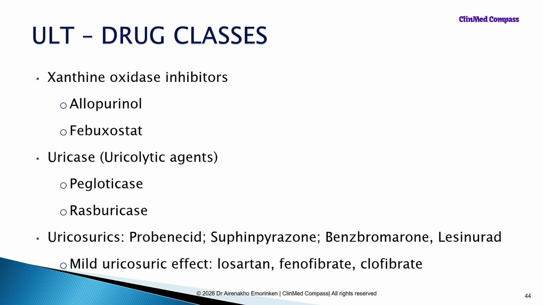Third are the uricosurics, probenecid, sulfinpyrazone, and lesinurad, which increase renal uric acid excretion. Additionally, some drugs have mild uricosuric effects like losartan, fenofibrate, and clofibrate. Understanding these mechanisms helps us choose the right medication for the right patient.